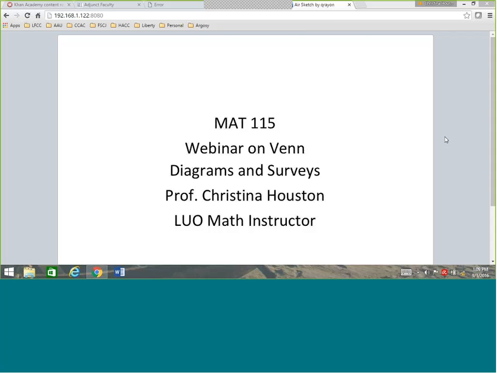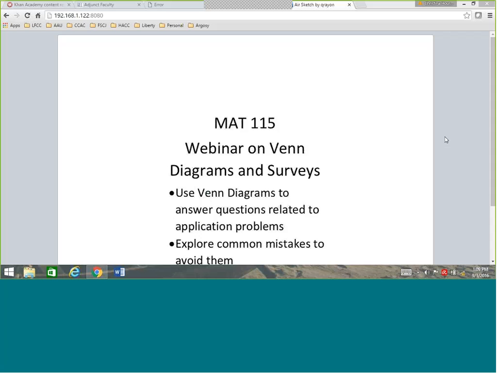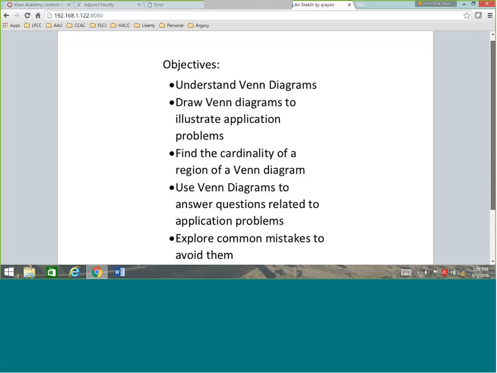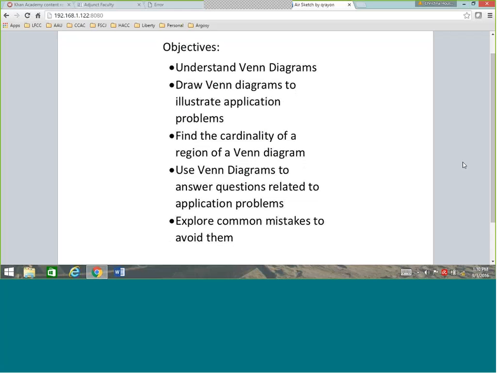So what we're going to be doing during this time is understand Venn diagrams. I'm going to spend a little bit of time talking about the basics of a Venn diagram and how it's set up. Then we're going to draw Venn diagrams to illustrate application problems, using them to help with some word problems.